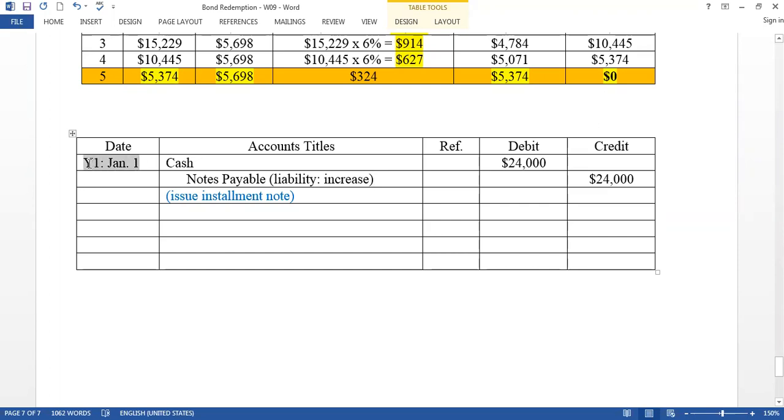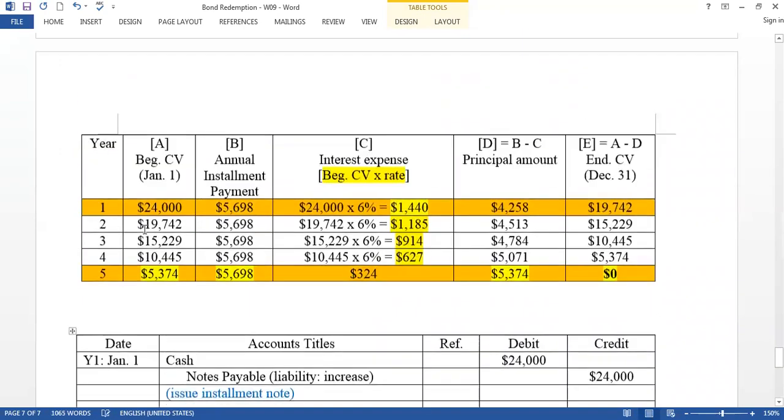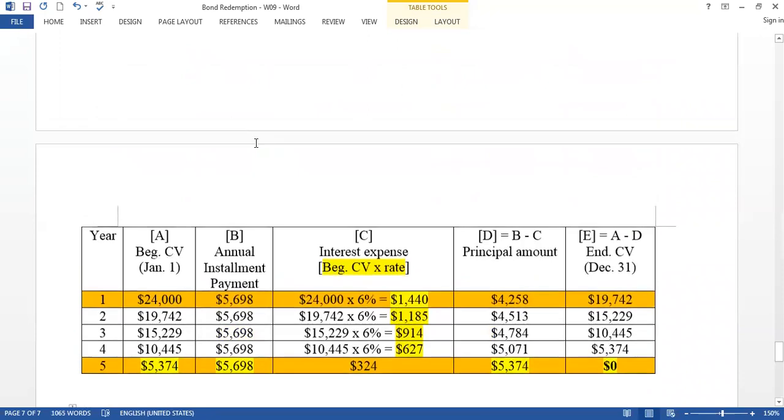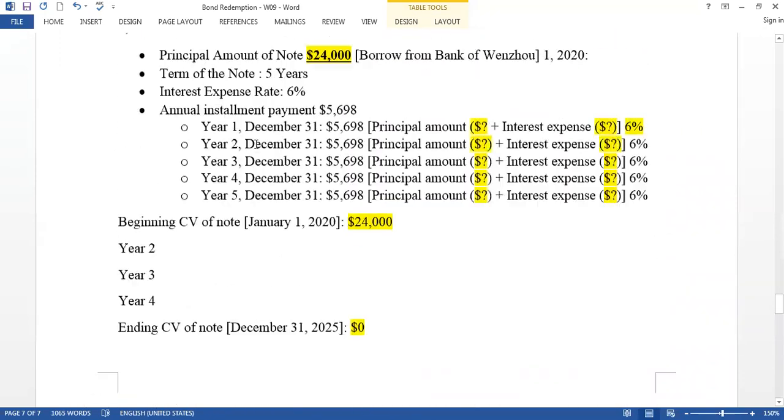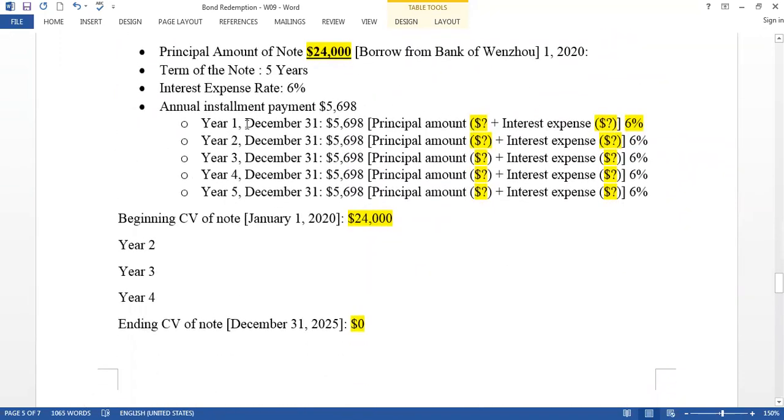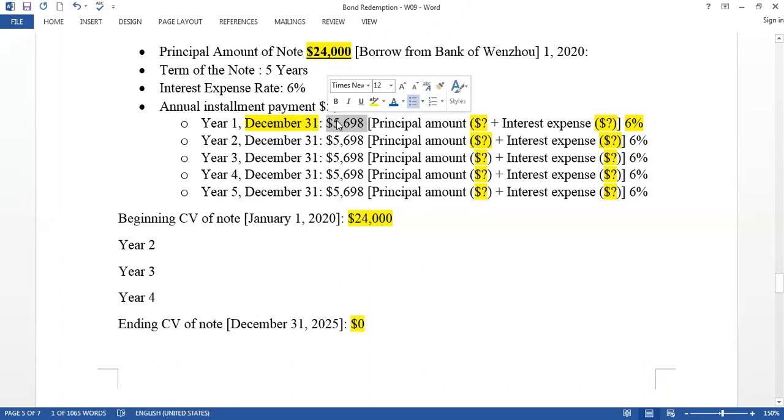Now, year 1, December 31st came. What are you doing on December 31st? December 31st came. You pay cash. How much do you pay? $5,698 you pay in cash.